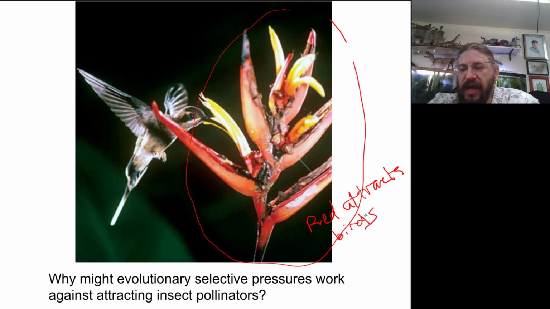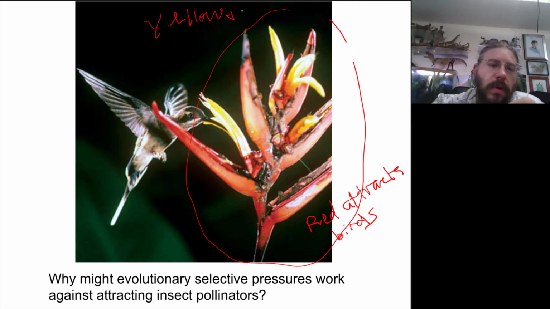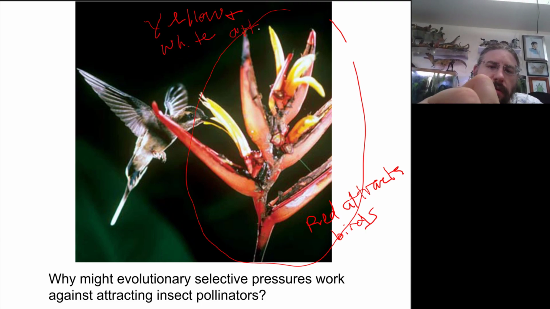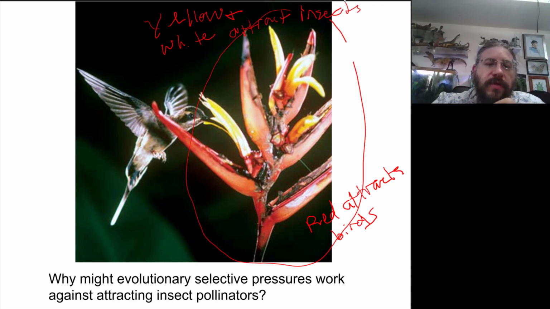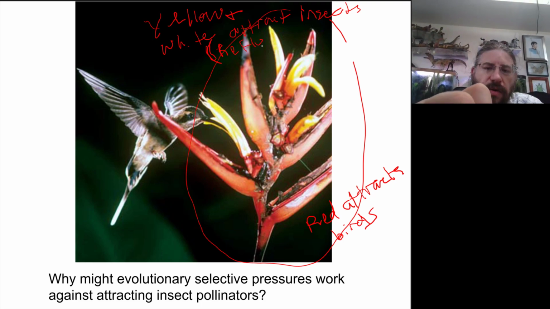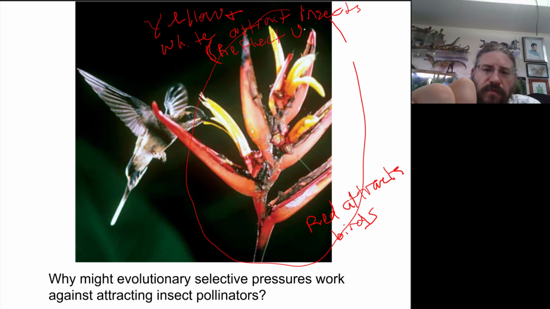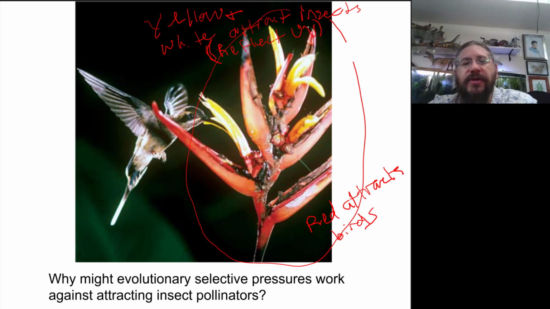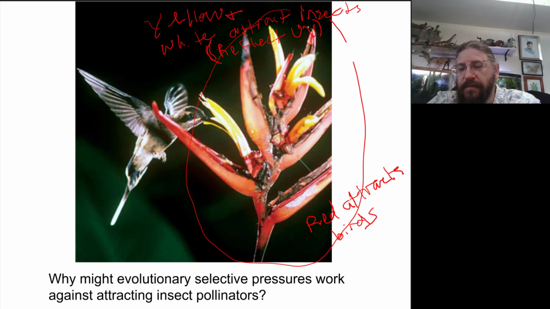Whereas yellow and white flowers attract insects. One of the reasons why yellow and white flowers attract insects is because those are very light colors that do a good job of reflecting UV off of the flower petals, which is one of the big things that insect pollinators use.